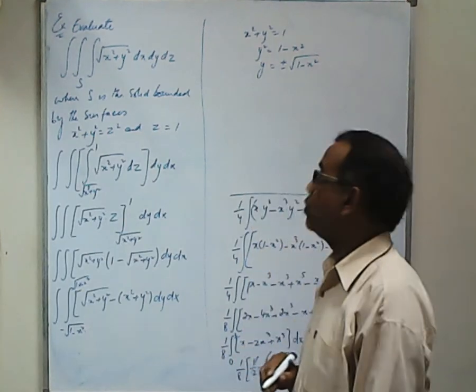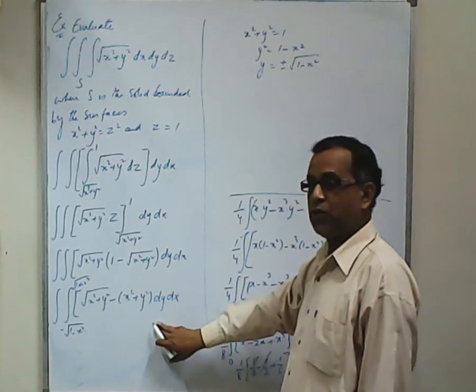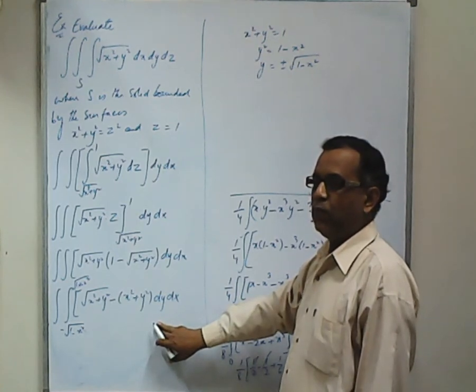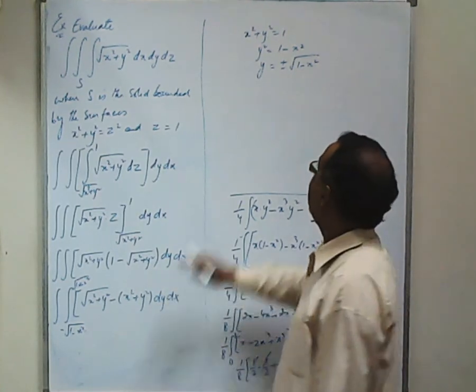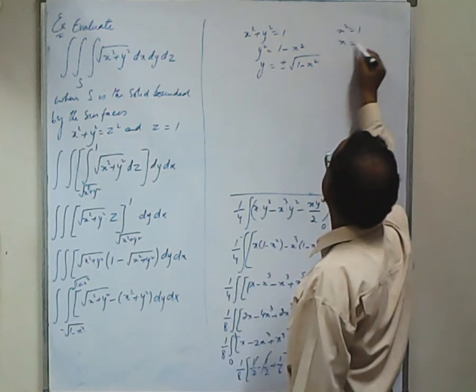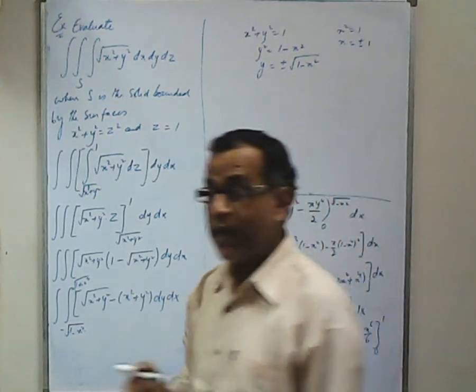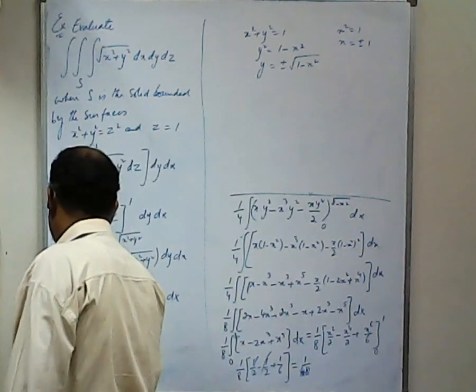We use these two limits, and once we solve this one, then y will be treated as 0, so x square equal to 1, so x will be plus minus 1. So the final limits of x will be minus 1 and plus 1.